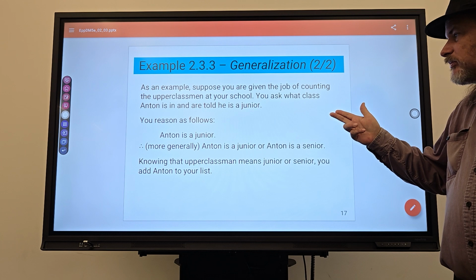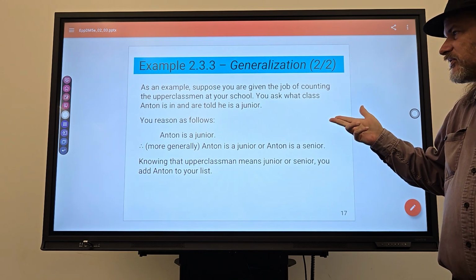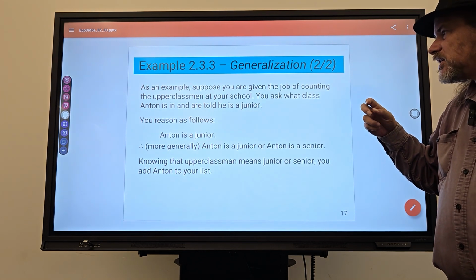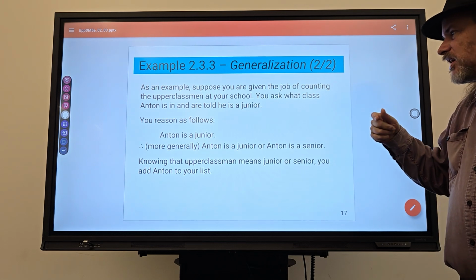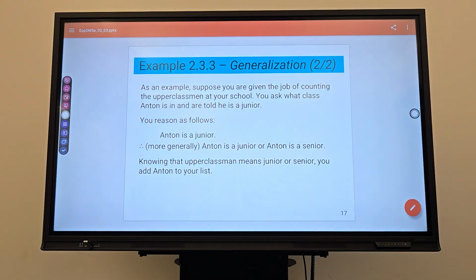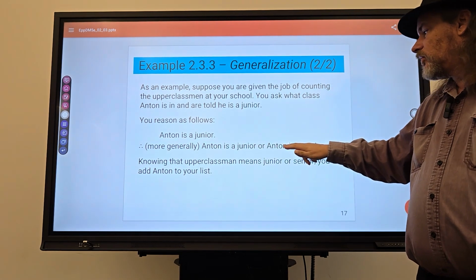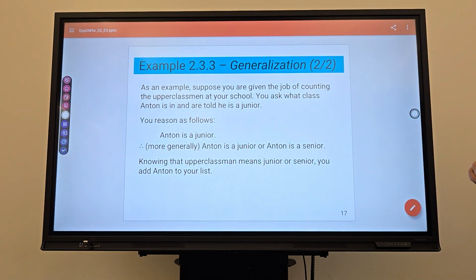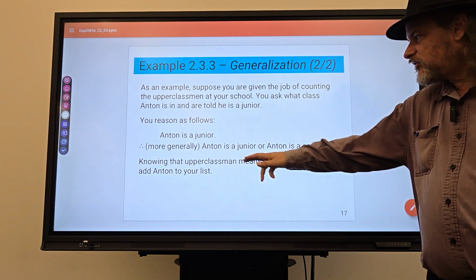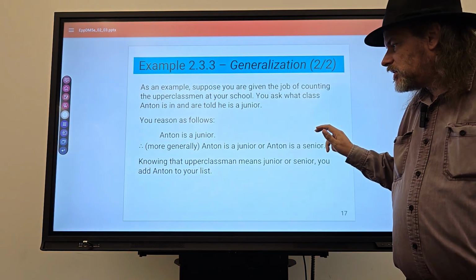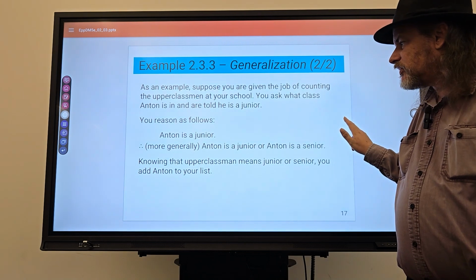Take the example of you ask a classmate what class he's in, and they tell you he's a junior. Therefore, Anton is either a junior or a senior, an upperclassman, which is one of the two. So you can make generalizations using this rule of inference.